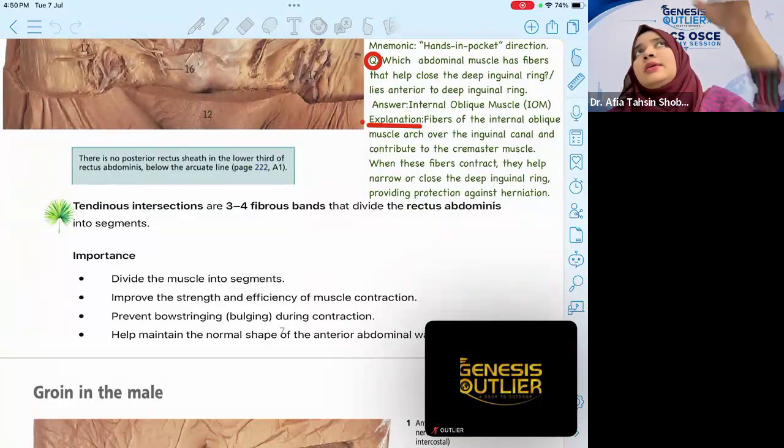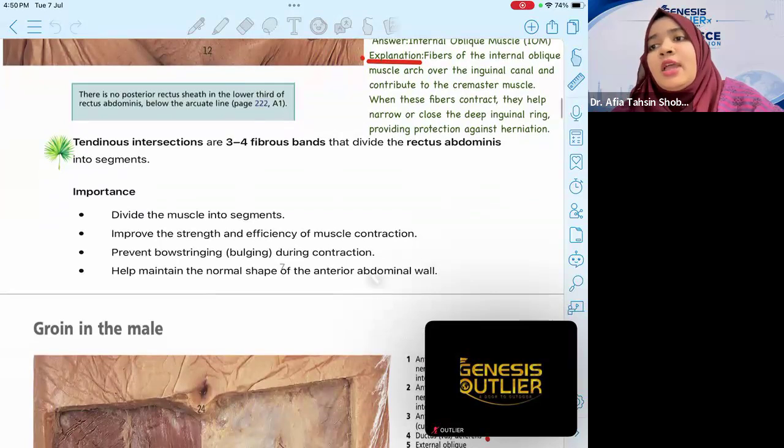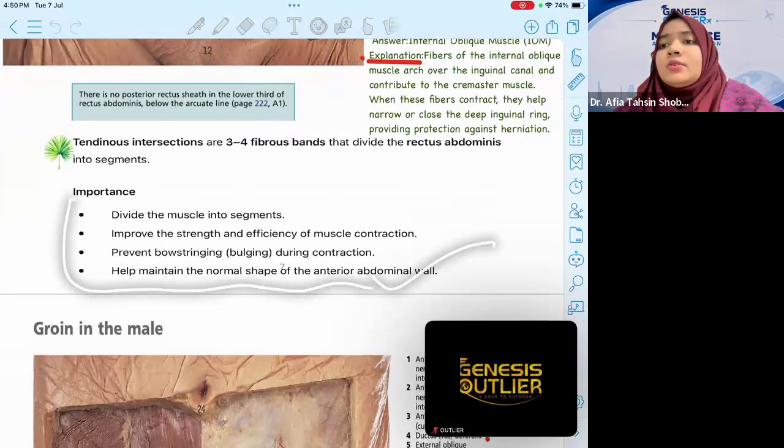Like it is doing the six-pack appearance. Next, it improves the strength and efficiency of muscle contraction. It is preventing bowstringing or bulging during contraction and helps maintain the normal shape of the anterior abdominal wall. Okay.